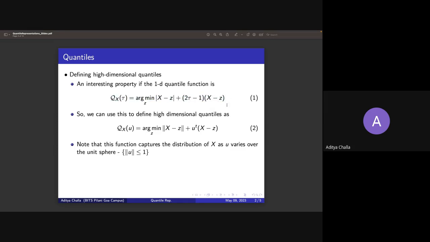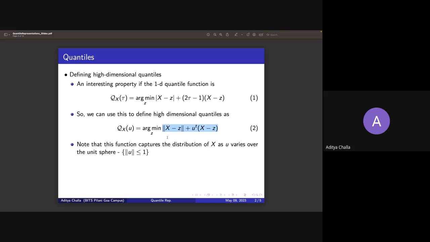So one way to define high dimensional quantiles would be to extend this entire optimization problem to high dimensions. If x is your high dimensional random variable, we define Qx of u, where u can be anything with norm less than or equal to 1, as the minimizer of this cost, where these norms and the dot products are defined in high dimensions.